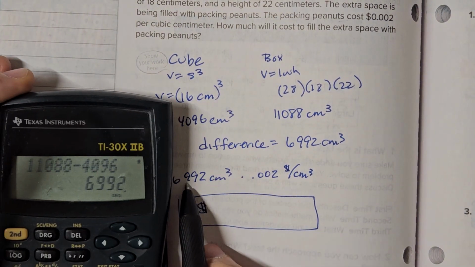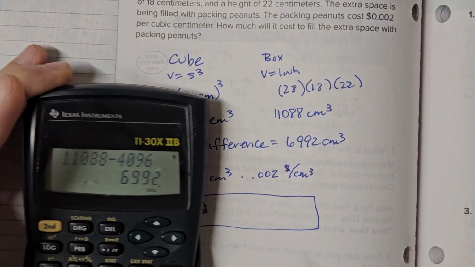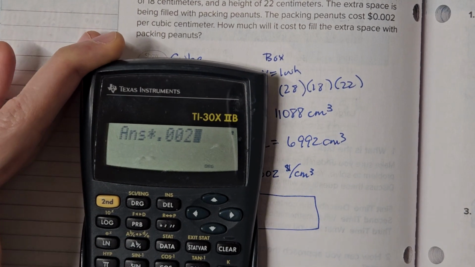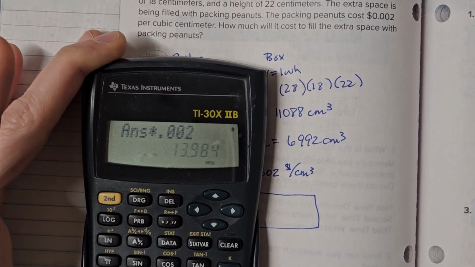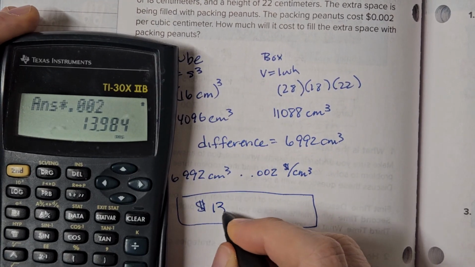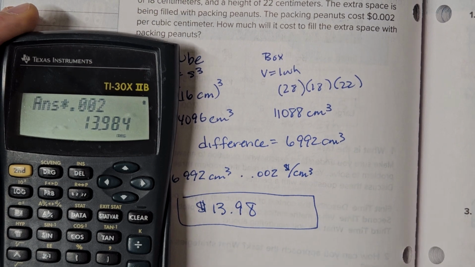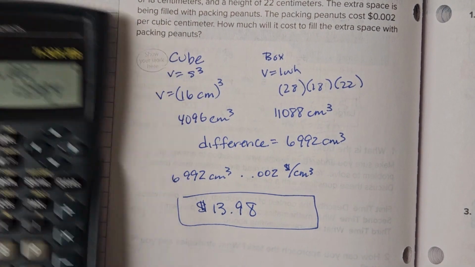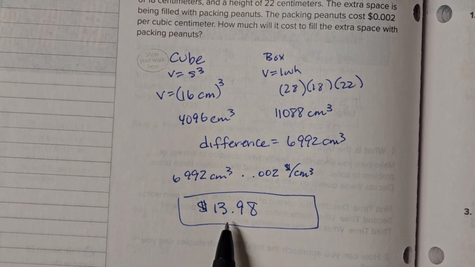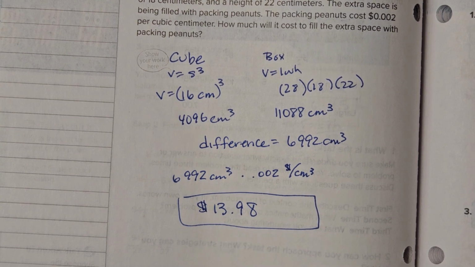Okay, so our volume that is left over is 6,992 times 2/1000ths of $1, $13.98. That's a lot of money to spend on just packing the box, right? That's why sometimes the shipping and handling cost is so high. All right, good luck.